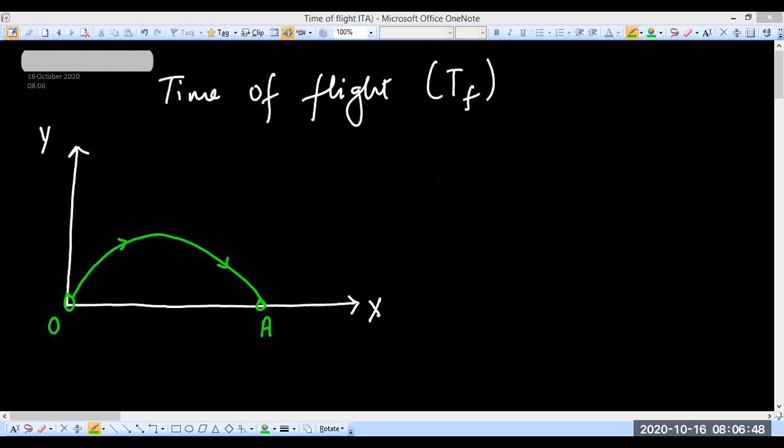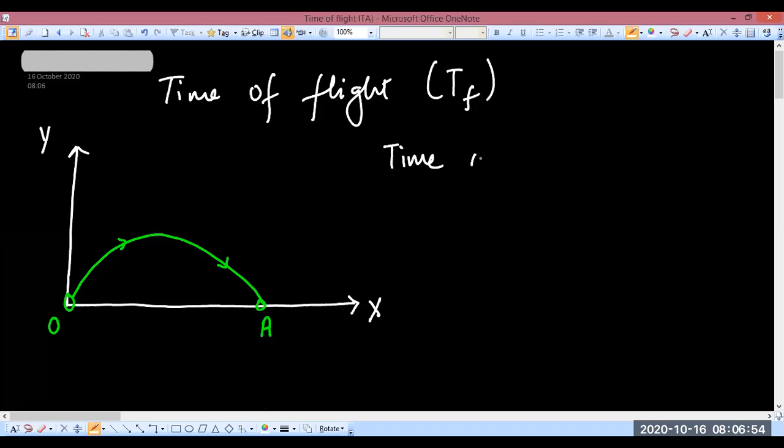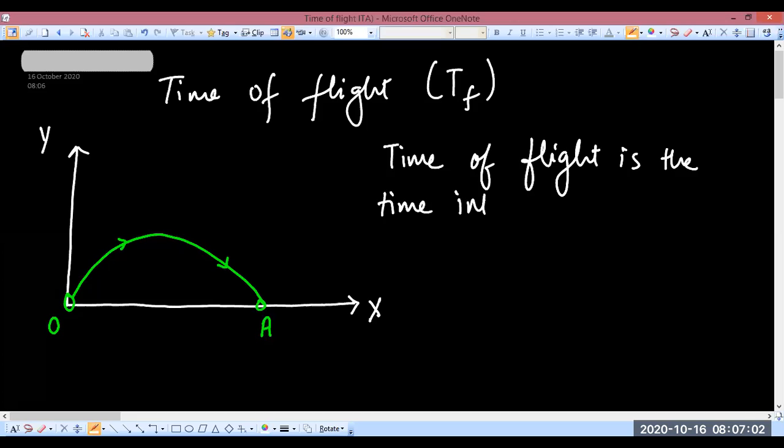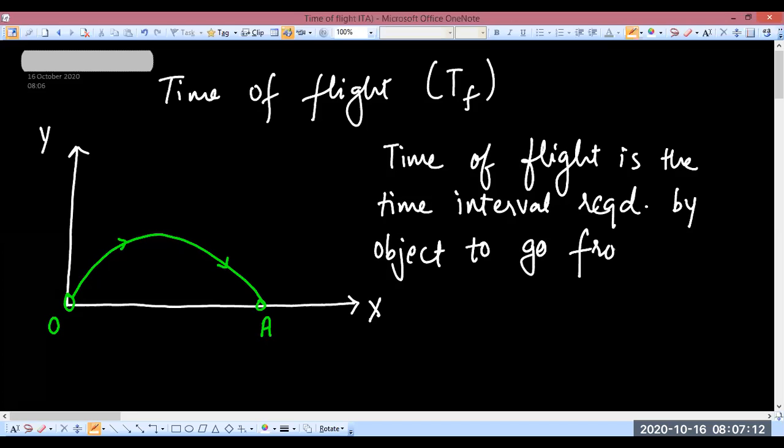So if you want to find time of flight, then time of flight is the time interval required by the object to go from O to A. I'm sure that is absolutely clear, right?